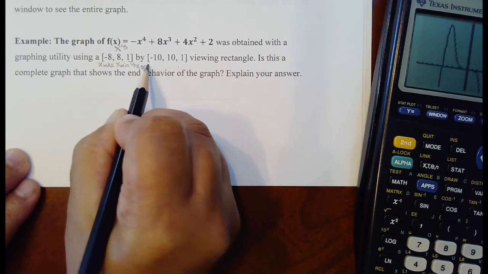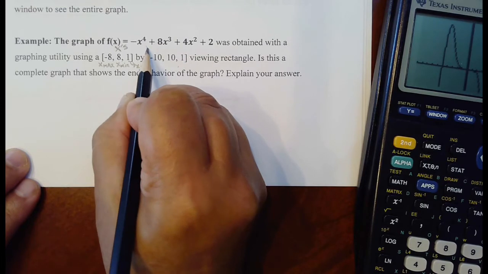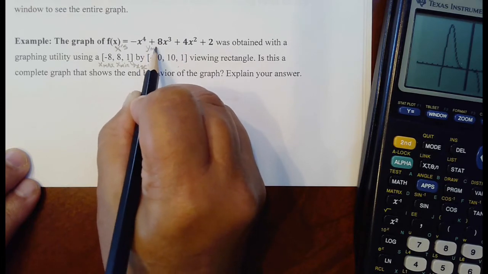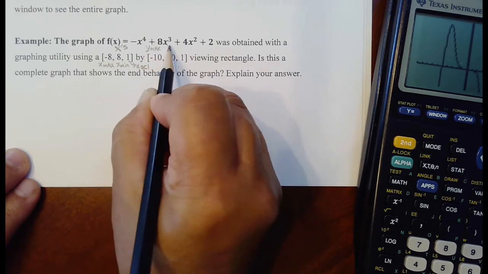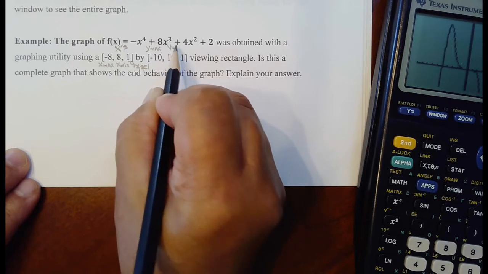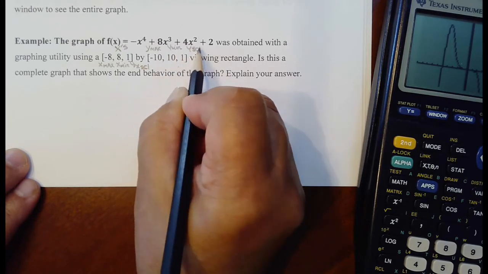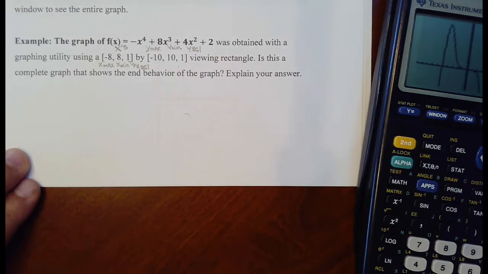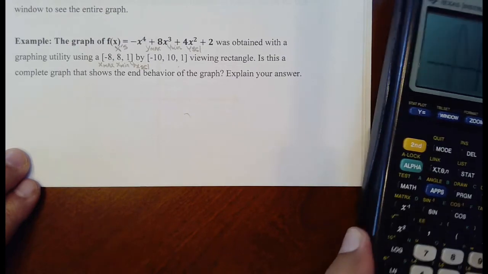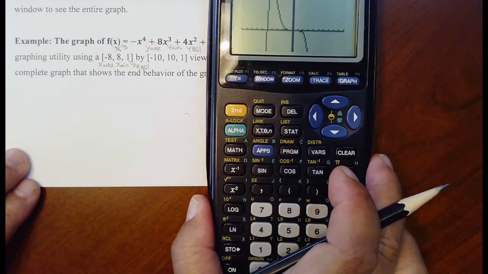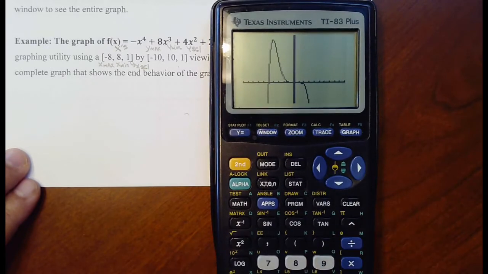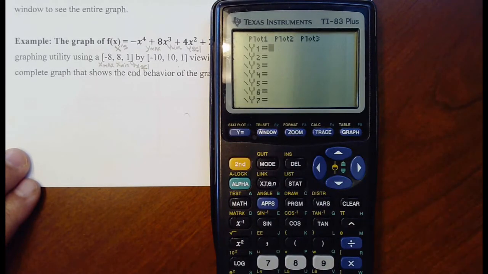Okay, so they're saying, here's a graph. Use this window. Is this a complete graph? So let's try it. Let's go and first of all, put the function in. Clear out the other one, and we're going to put in, remember when the first number is a negative, you have to put that in using this key down here, or it's not going to graph it. If you want to use a minus sign, then it's this one over here.